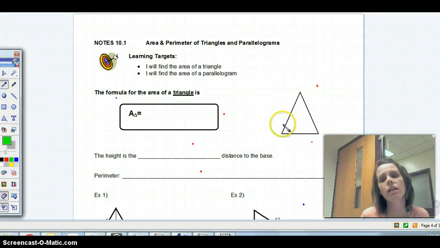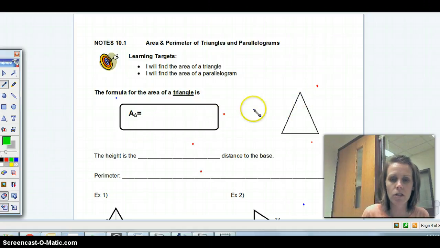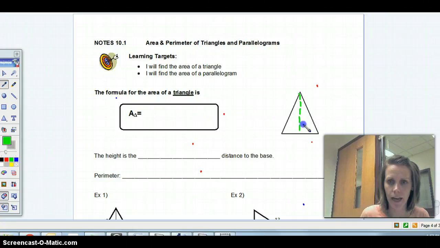So this is a little triangle for you, and the important thing to remember when you're talking about triangles is you need to know that the height of this triangle, which you'll need for your formula, is going to be the height that is straight up and down. And another name for that is the perpendicular height. You ever heard that word before?